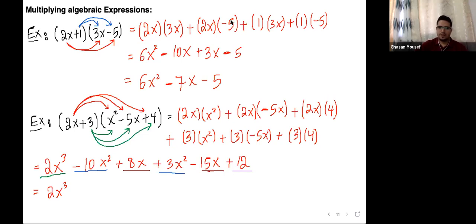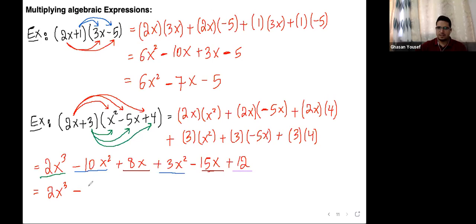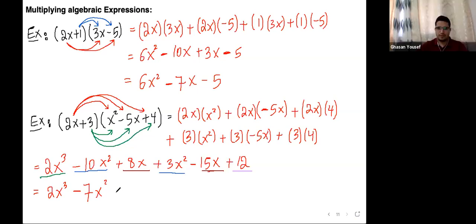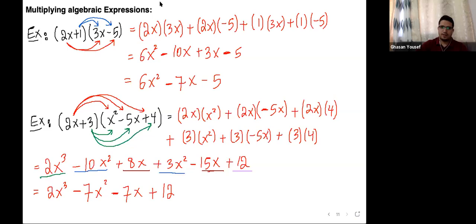So I get minus 7x squared, because minus 10 plus 3 gives me minus 7. Then plus 8 minus 15 gives me minus 7x. Plus 12. This is the final answer.